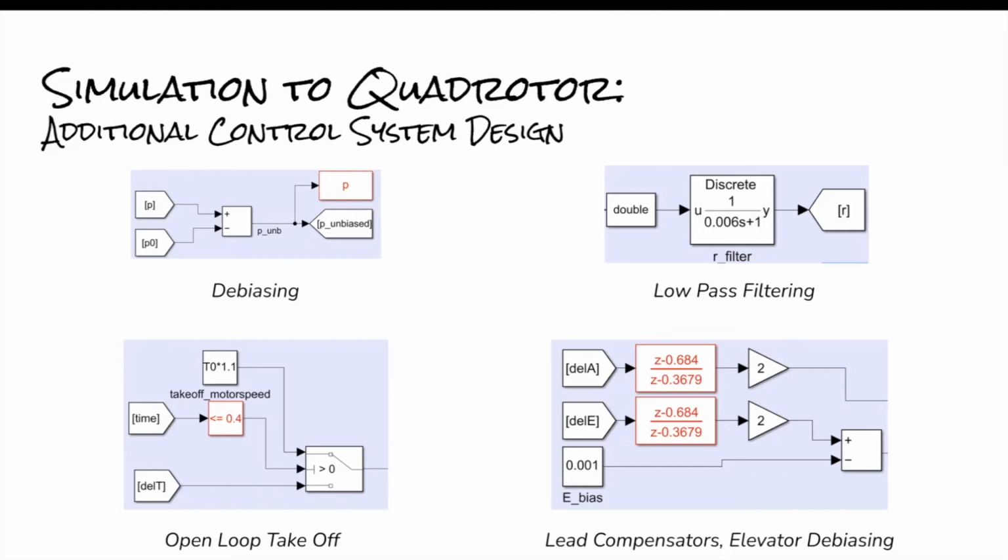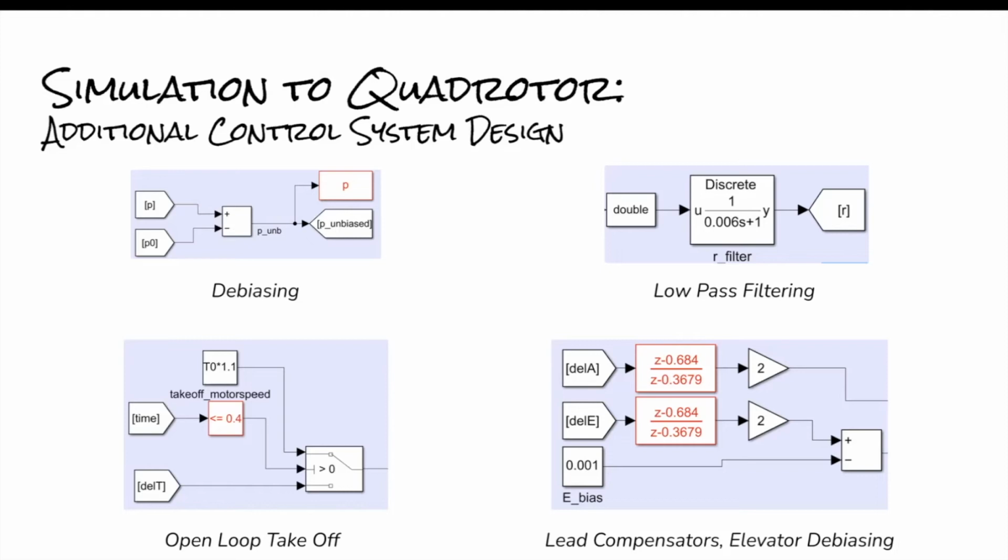And finally, we added lead compensators and elevator debiasing, which you'll see here on the bottom right. That's because we were having some issues with delay between our aileron and elevator, in which they were actually using data from about 4 time ticks before. So to overcome that, we added in these lead compensators to make sure that it was using up-to-date data, and the corresponding gains of 2 are shown there with those lead compensators.